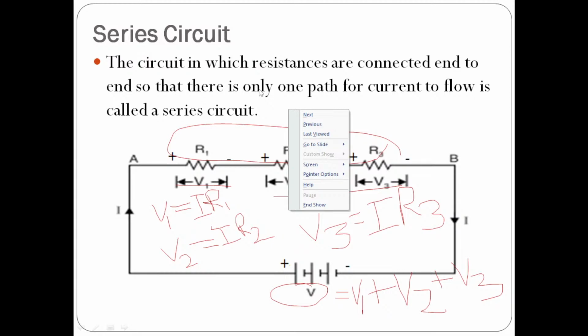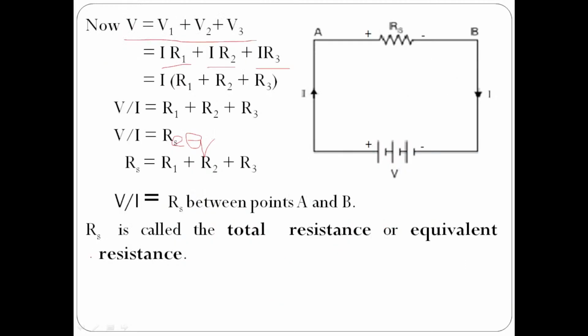Okay. So let us assume V by I is equal to the source resistance or R equivalent, R eq. So V by I, you just replace it with the notation R eq. So R eq is equal to R1 plus R2 plus R3.